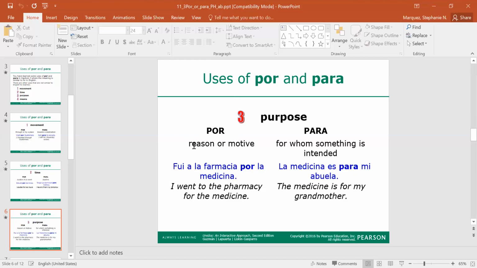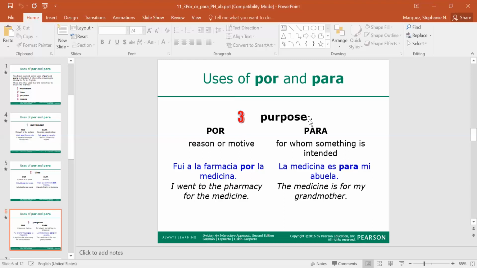They're telling you that the reason or the motive that you went to the pharmacy was for medicine. So I went to the pharmacy for medicine. Once again, for meaning for, but what is the reason for the use of por in that sentence? Because the reason for which, or your motive of having gone to the pharmacy, was for medicine.